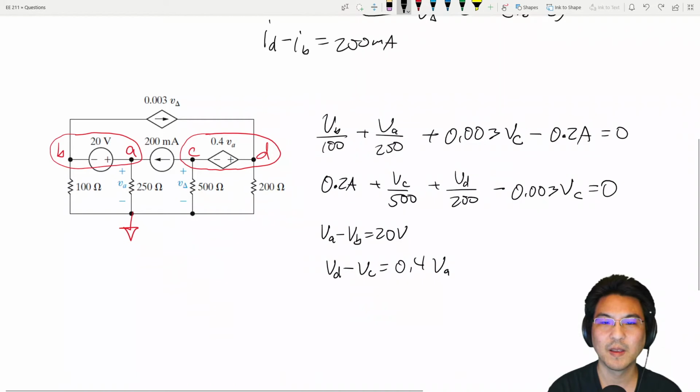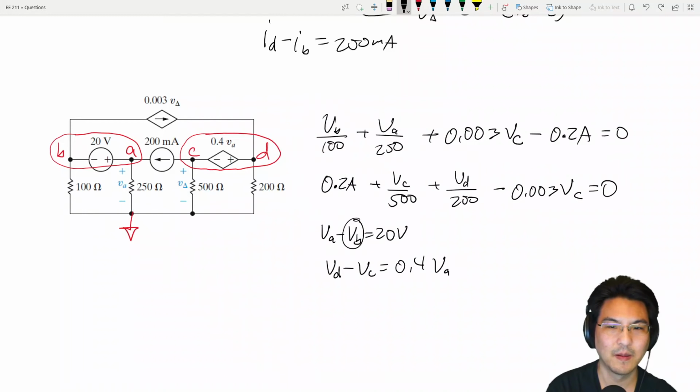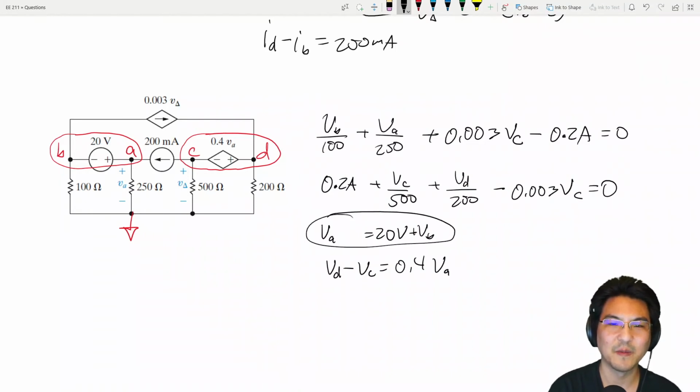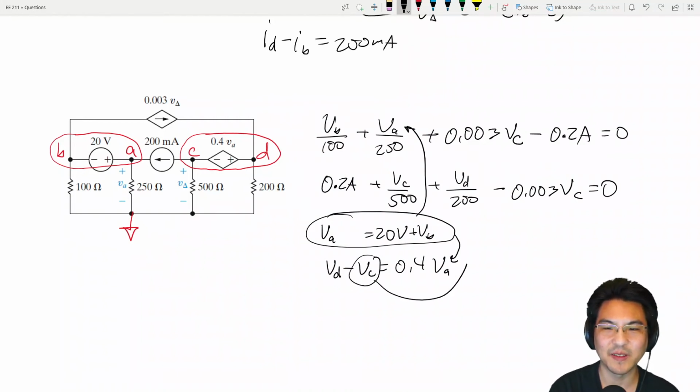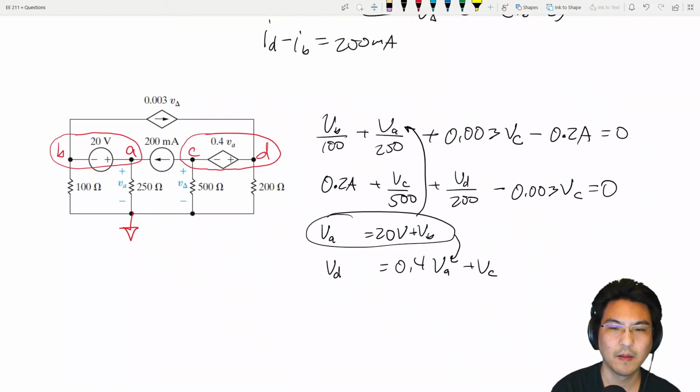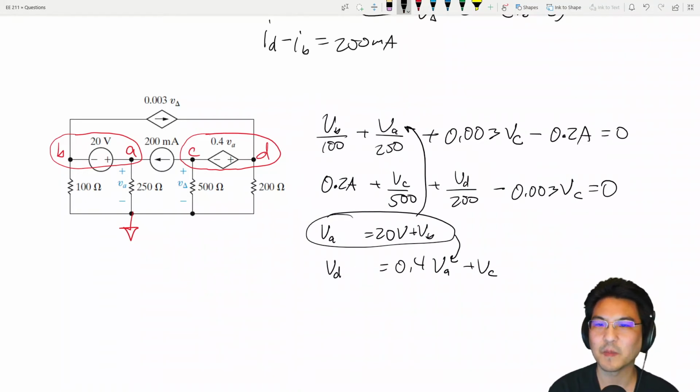For example, let's see, I'm going to move VB on this side of the equation. Okay, so right here, VA, we can substitute right there and right there. And then I can solve, see this VC, I'll move it on this side of the equation. Actually, let me do it the other way around.